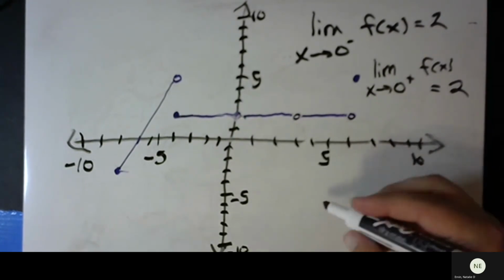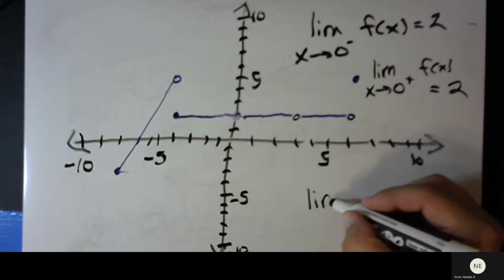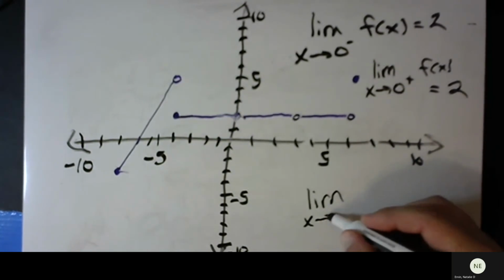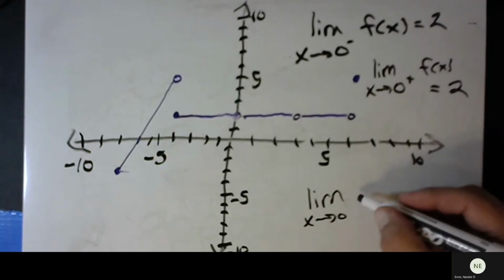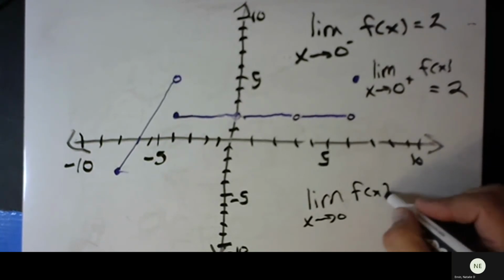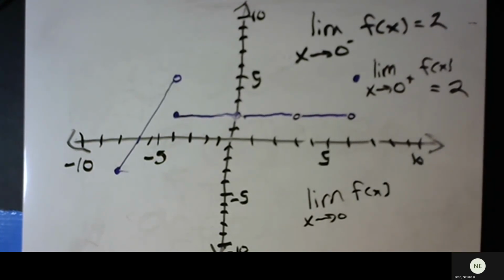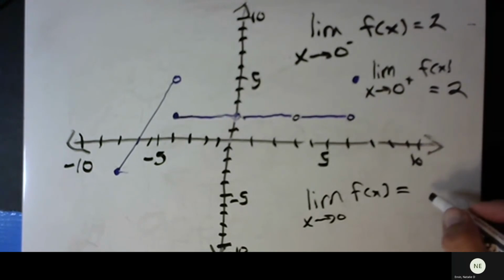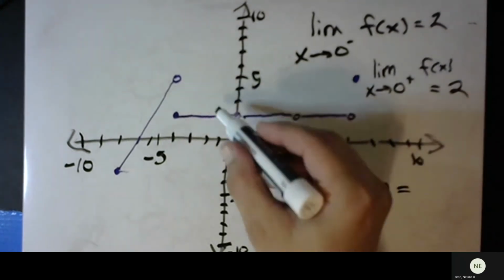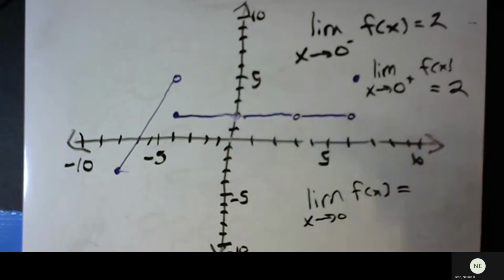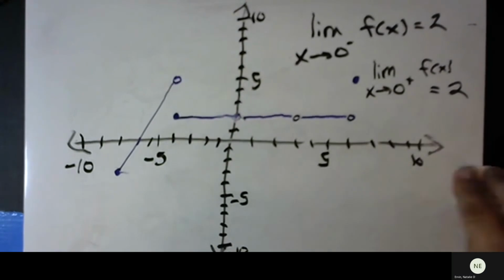So now we ask the question, do we have a general limit? In other words, as x approaches 0, regardless of the direction it takes, what is f of x converging to? Whether you go from the left or from the right, you're going to converge to f of x equals 2. So any questions about that? No, thank you. No problem.